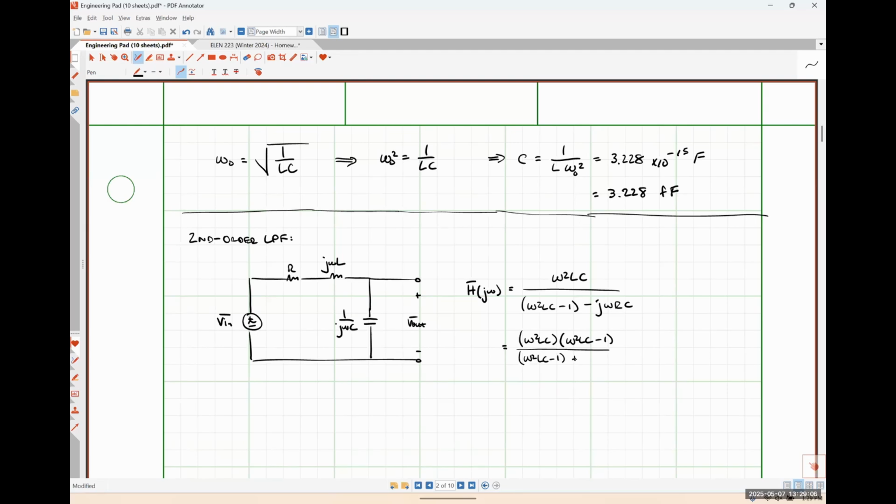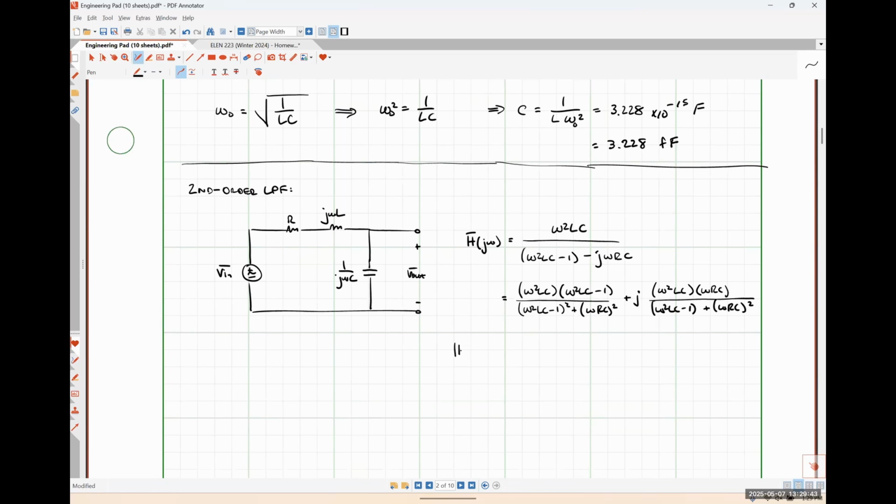squared plus (omega RC) quantity squared, plus j times omega squared LC times omega RC, all over that same denominator: (omega squared LC minus 1) plus (omega RC) quantity squared.